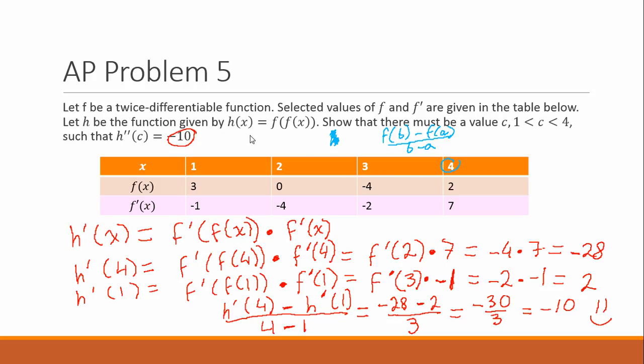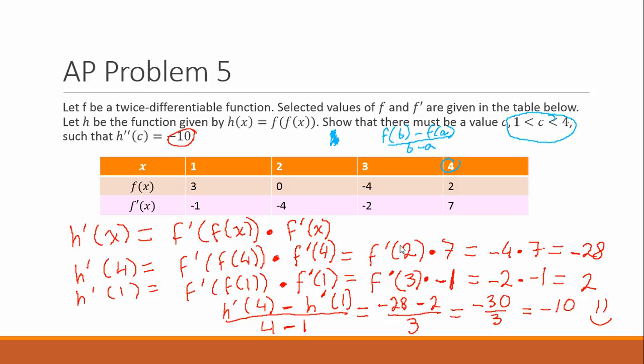But here, of course, we're talking about the second derivative, so we're going to relate the first derivative to the second derivative. So we've got h prime of 4 minus h prime of 1 over 4 minus 1, because those are our two x values we're looking at. They're given right here.